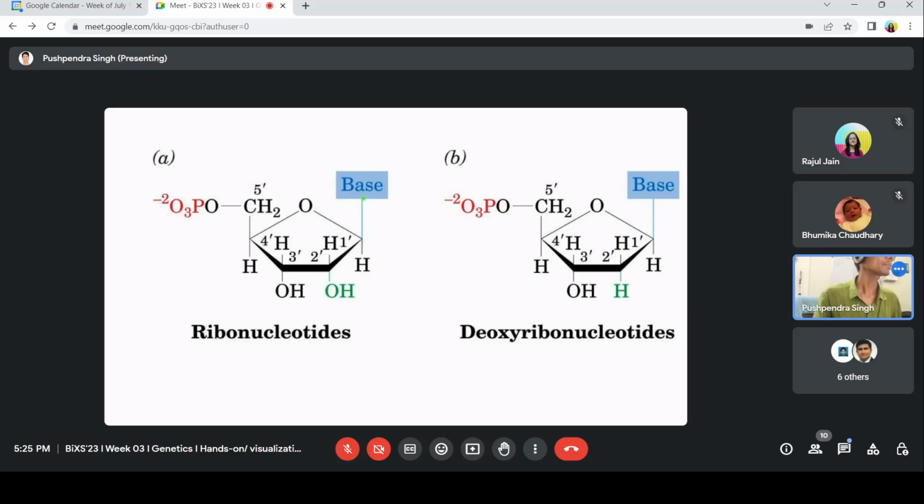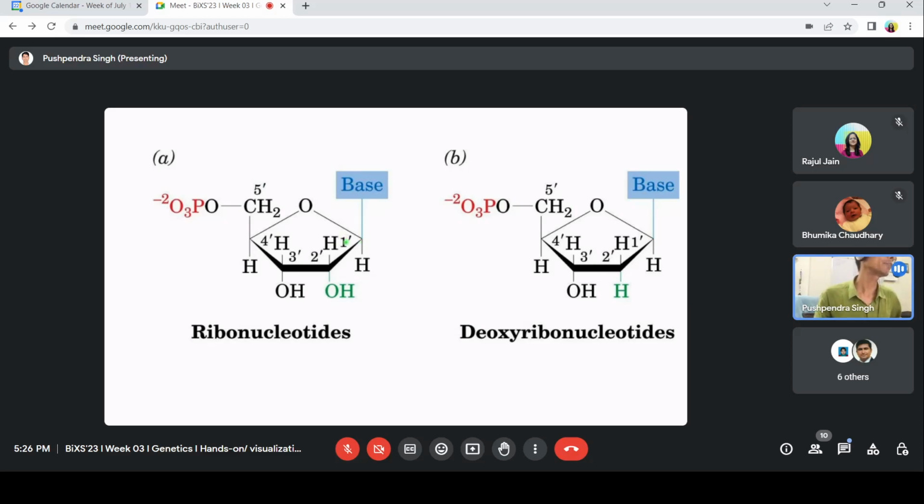When it says base, it is a nitrogenous base: A, T, G, and C. These are the four types of nitrogenous bases. For RNA, it's uracil, and for DNA, it is thymine. So this base, ATGC or AUGC, is attached at this particular position on a ribose sugar.